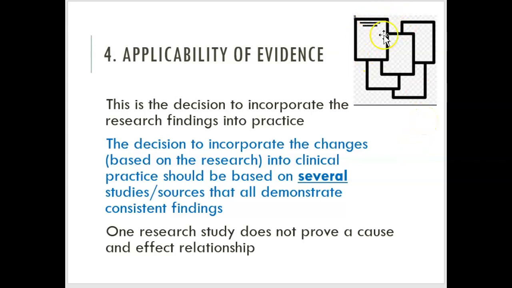Just one paper on how effective Auraverse is not enough. You want to find many studies to show that it works. And that's what it says here: you need several studies to demonstrate consistent, same findings.